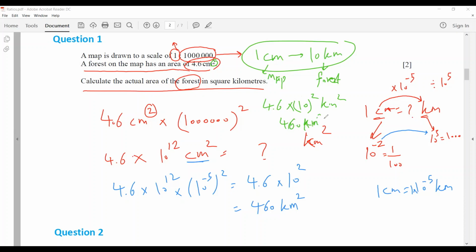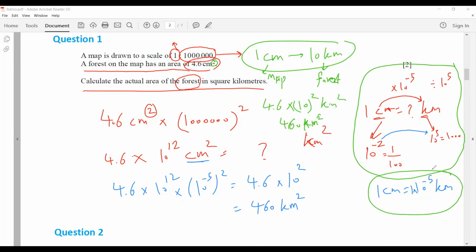So maybe some students do that, but still, in order to know 1 cm is how many kilometers, on the map is 1 million cm, but you need to do the conversion using this information that I have written here. Sorry, this one, the final result was this. This was just the explanation. So this is really important.